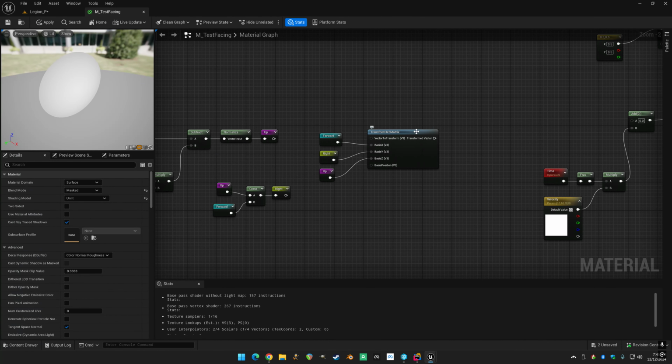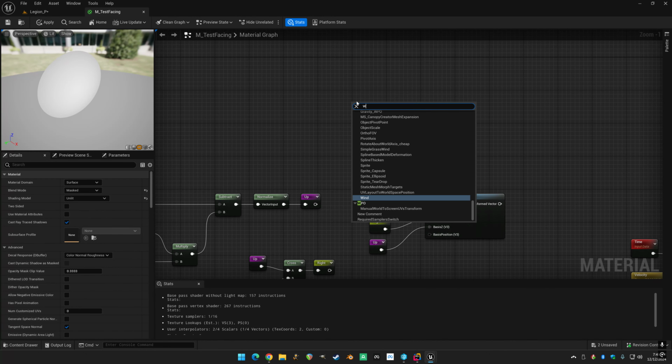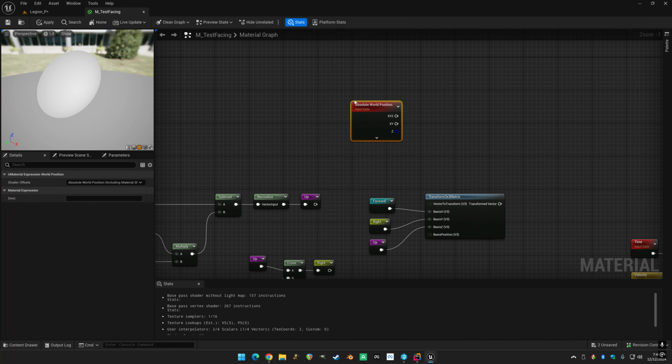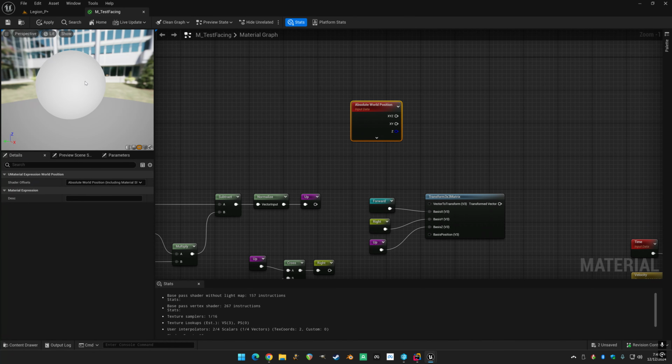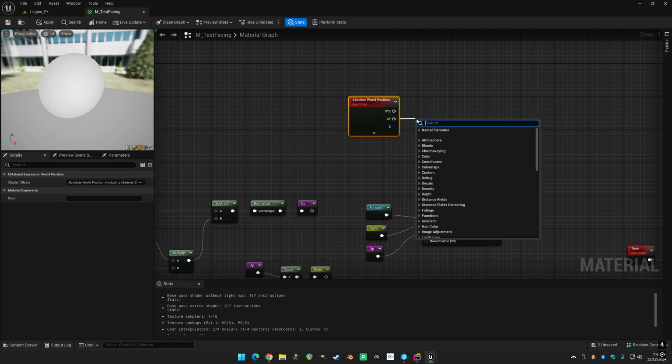Okay, so we're going to transform this matrix, but we need a vector to transform. So what are we transforming? Well, we're transforming the vectors that go to the points in the plane. So if we get the world position of those points, since the plane is laying flat on the ground in xy, I'm just going to use that.